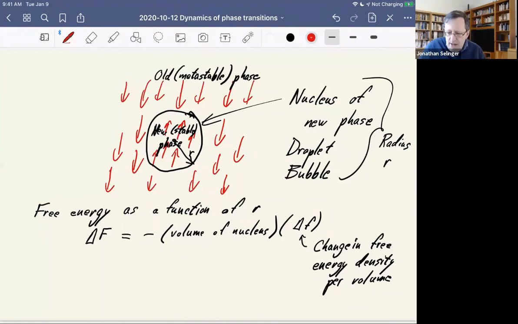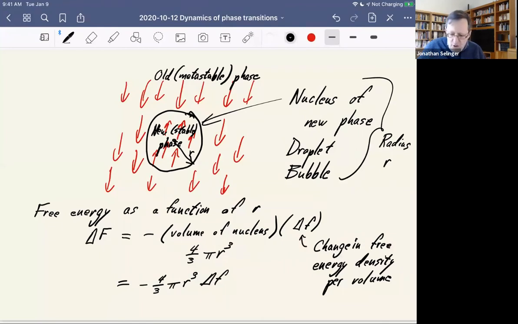And so then if there's a sphere of radius r, then the volume of the sphere is 4/3 pi r cubed, right? That's the equation for the volume of a sphere, okay? So this gives us a change in the free energy, which is a negative number of 4/3 pi r cubed times delta F.